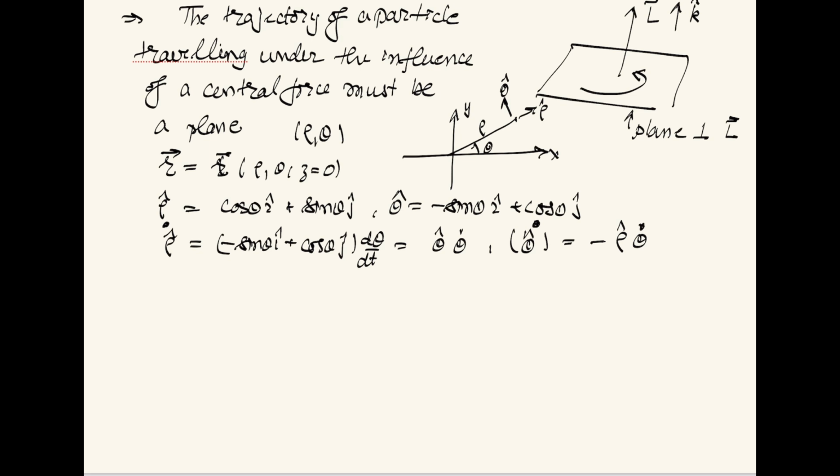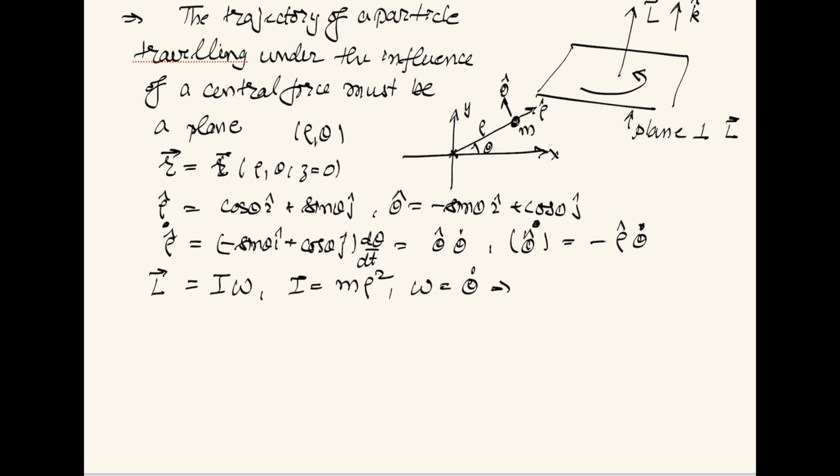So let us try to find out the angular momentum of the system. Here is my particle which has a mass m, and the axis is going to be through the origin. So L can be written as I times omega, where I is the moment of inertia, and I is given by m times rho squared, and omega is nothing but theta dot, d theta by dt.